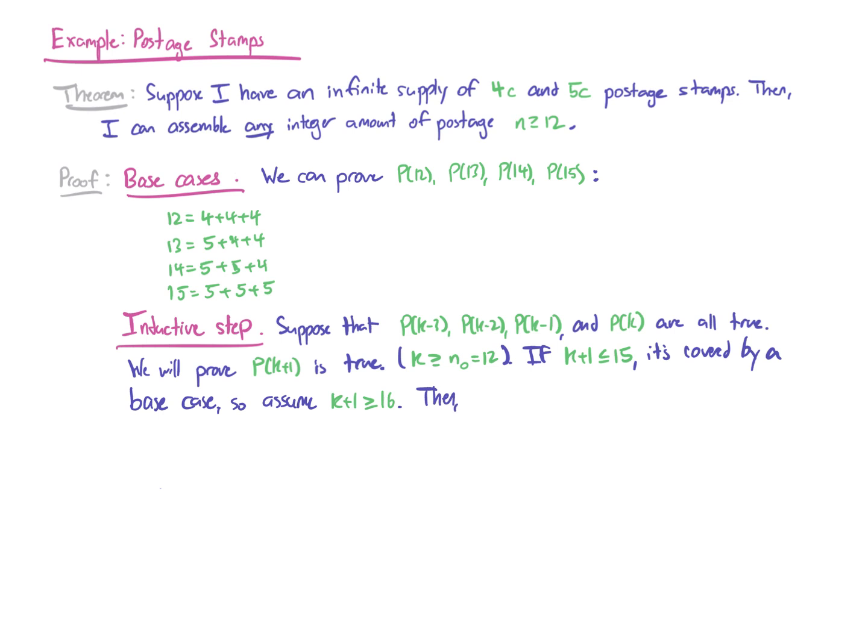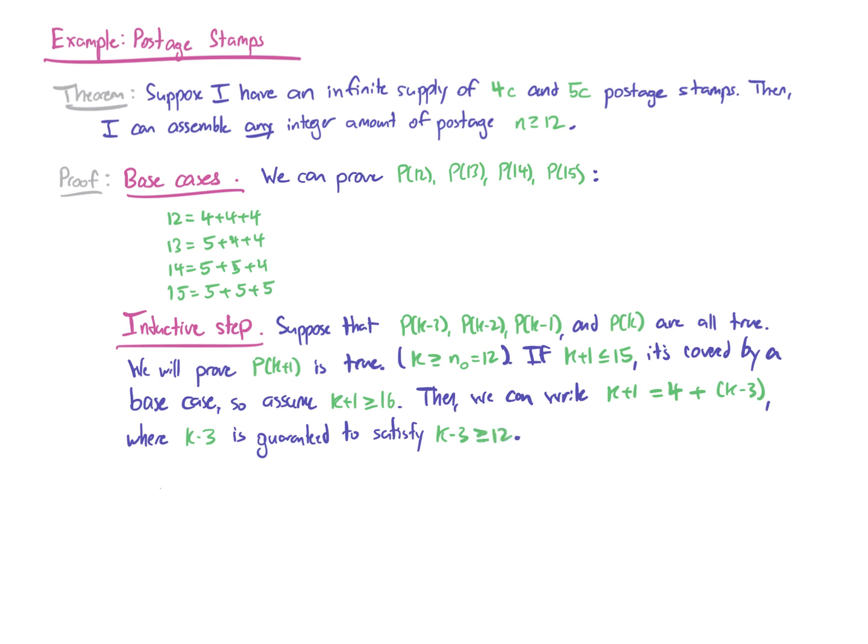Then we can write k plus 1 is equal to 4 plus k minus 3, where k minus 3 is guaranteed to satisfy k minus 3 is greater than or equal to 12.